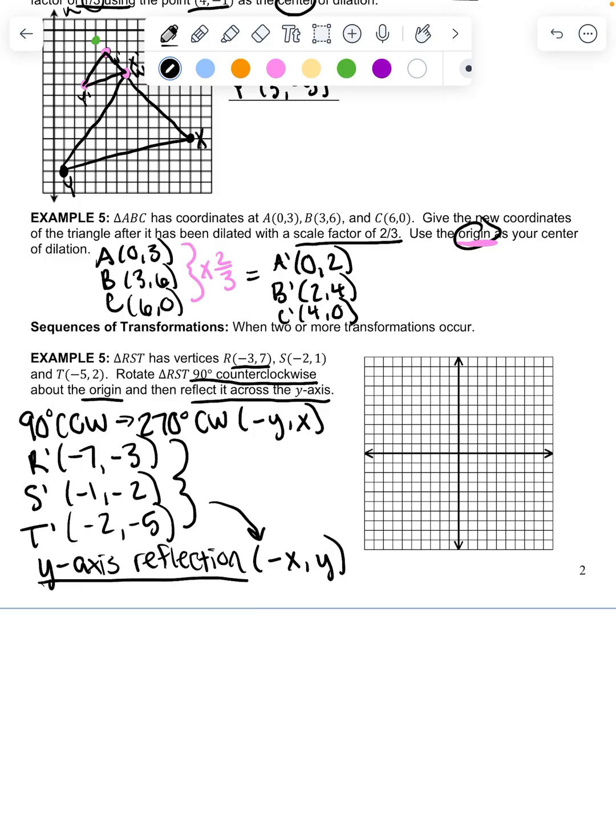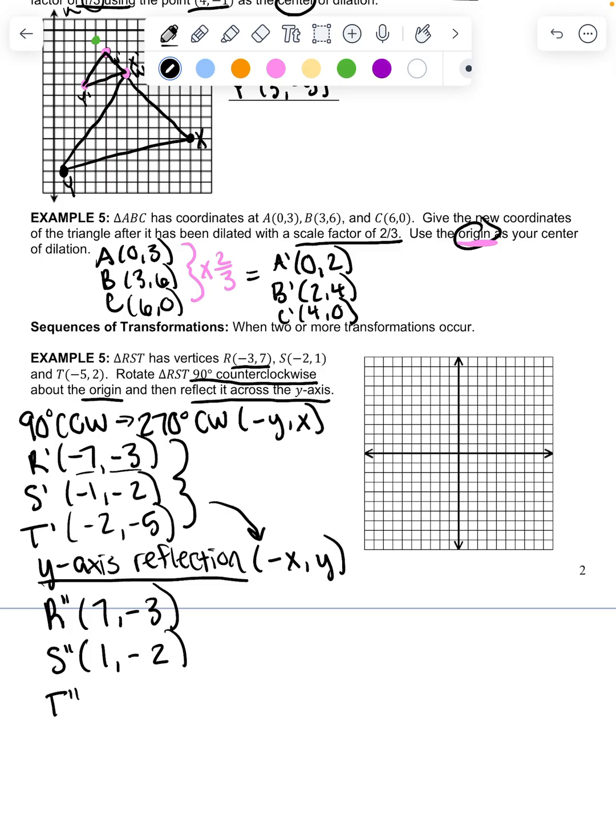All right, so when we use (-x, y), that means our double prime, right? We're going to call it something different. Our R double prime is going to be at 7, -3. I'm just making the x negative. All right, S double prime is going to be at 1, -2.